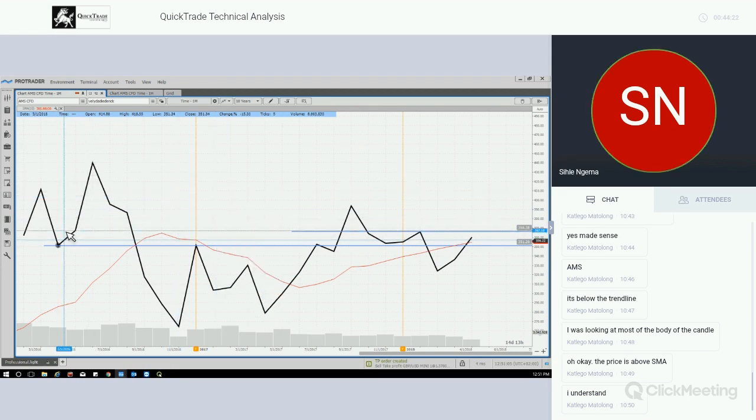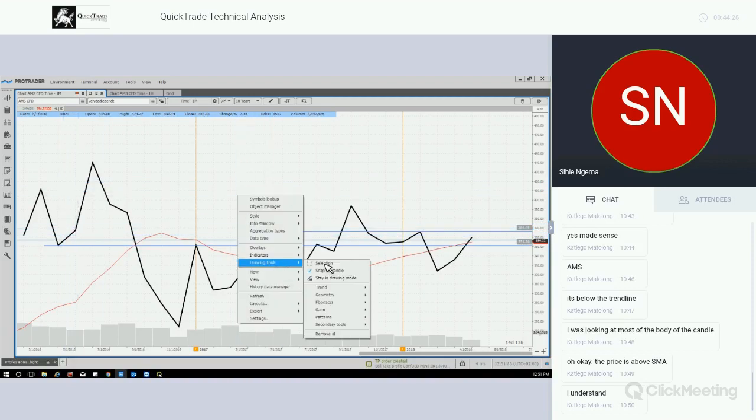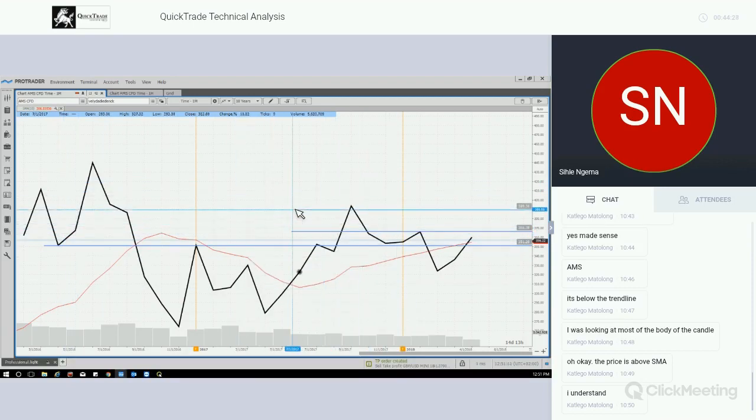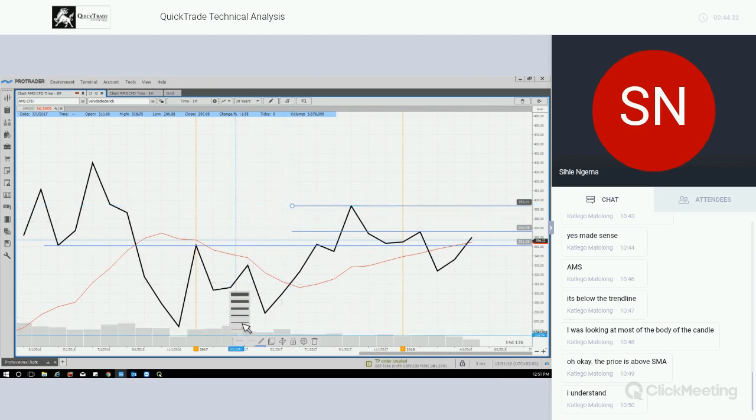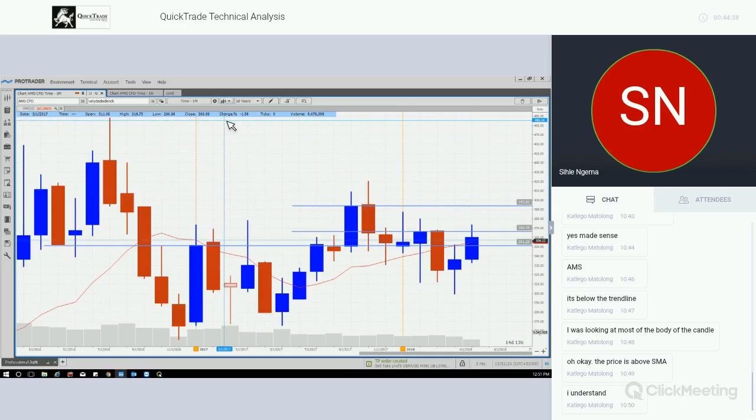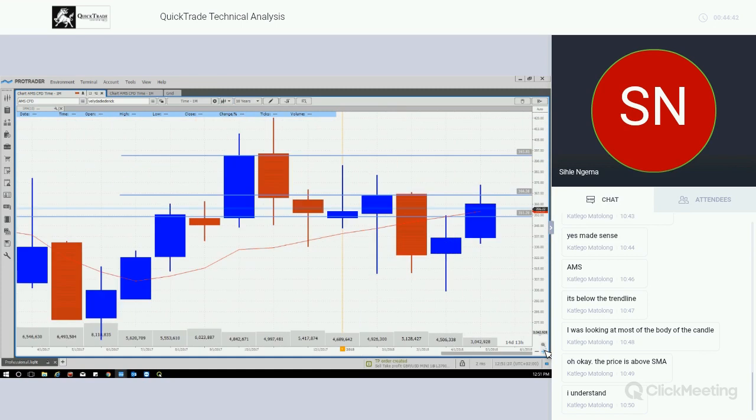Okay, does it correspond with this one? Yeah, it does. It's a turning point. It does correspond. Okay, I can only find 3 on the monthly chart. Three turning points. Okay, we are still on the monthly.